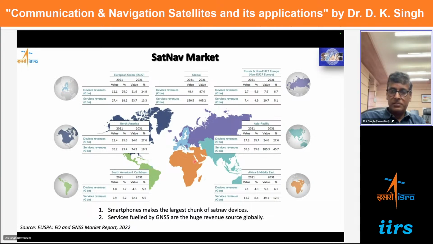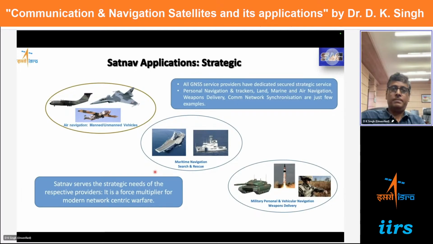Knowingly or unknowingly, satellite navigation services have entered our life. We cannot drive without Google Maps, and so many other things. So this is a multi-billion dollar market, and India is also trying to capture its own pie in this.